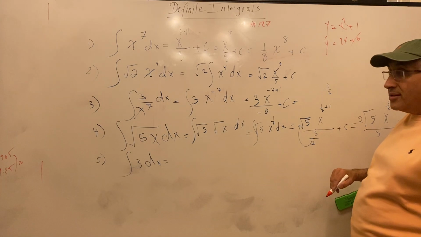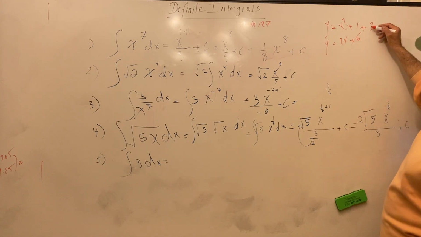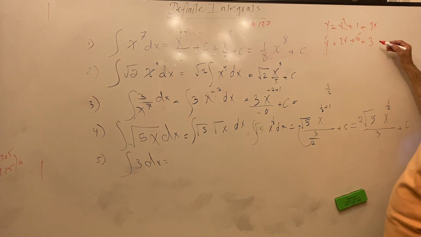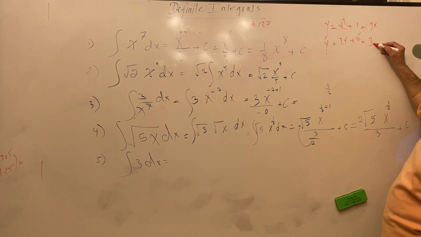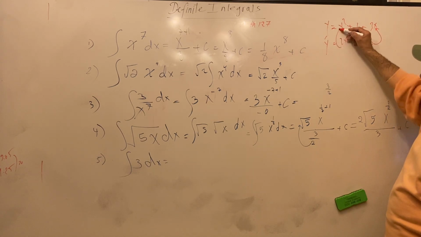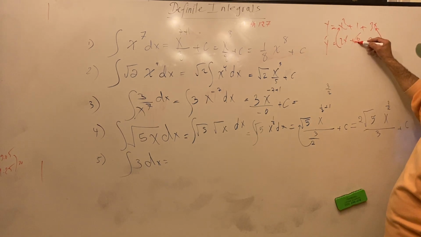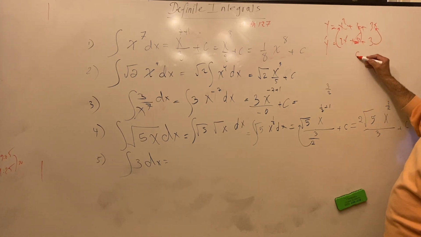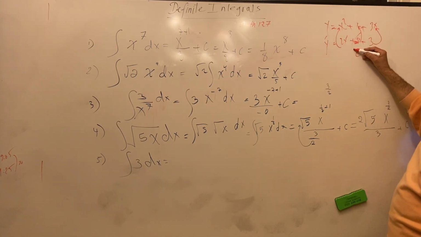All right? And if it was here plus 3x, the x will be 3. Now we have the opposite. I'm giving you a number. It will go to this. If I give you power 1, it will go to that. If there is nothing, how would I know I go back there? That's why we must always say C.